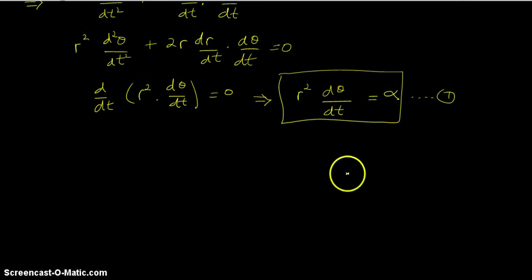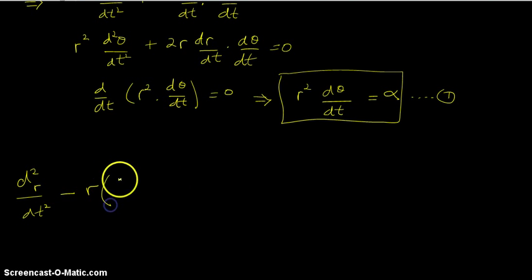is the term d2r by dt squared minus, we better write this in, it's r d theta dt squared is minus k on r squared.